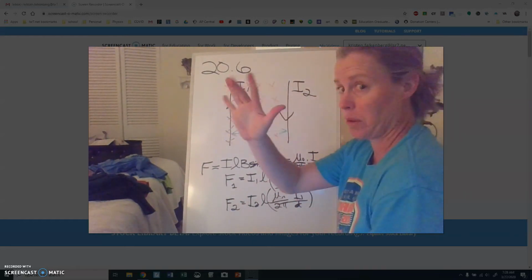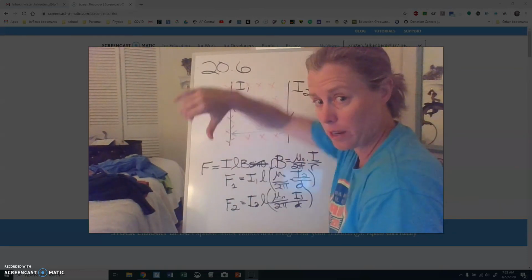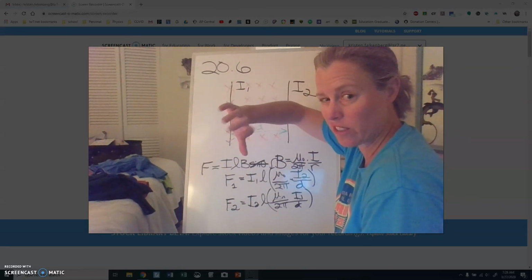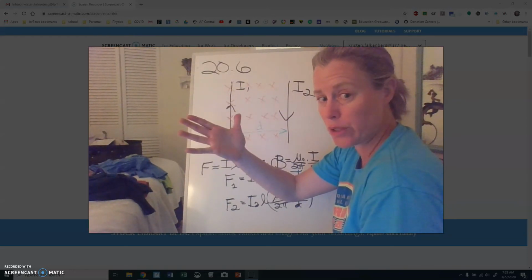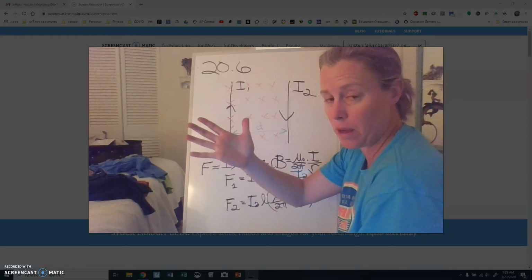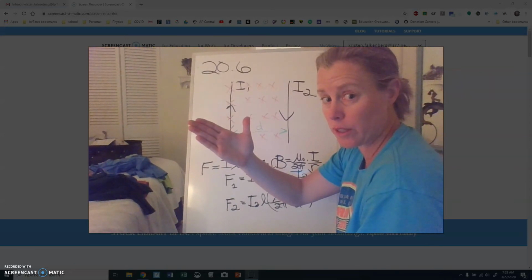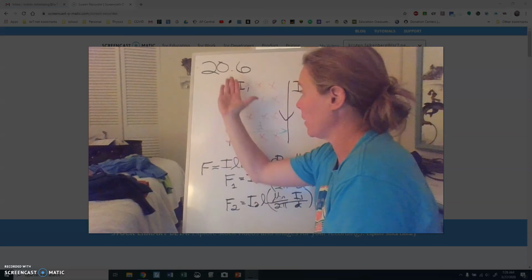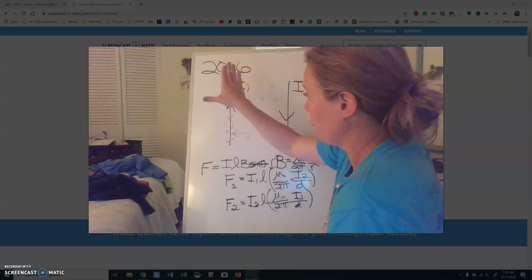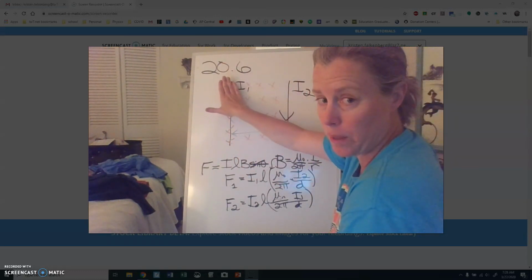And then we modify our right-hand rule because that was just finding the field around a current carrying conductor, wrapping around it. But now I want to know where the force is. My force is my thumb, my field is my palm, fingers is the direction of the current in the wire. So I've got, let's do this. I got my current up, but my field is into the page.